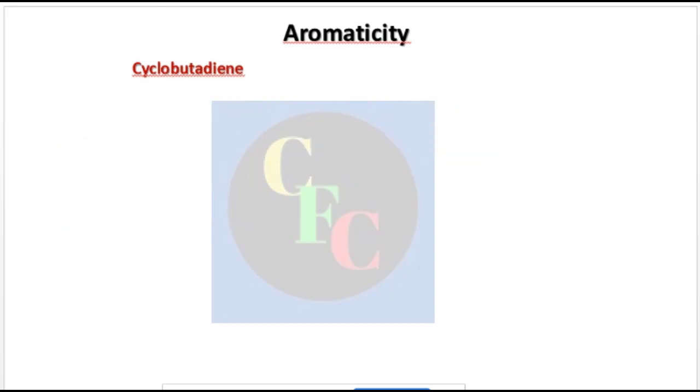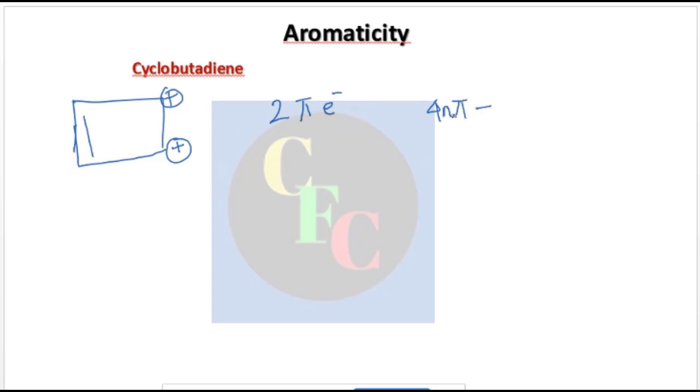Now for the same cyclobutadiene, if you make 2 cations here, right? Now you break one of the pi bonds and make 2 cations here. What do you have here? Now you have a 2 pi system, and it is cyclic also, so you can have the flow of electrons. So this is a 2 pi system, a 4n plus 2 system, where n equals 0.